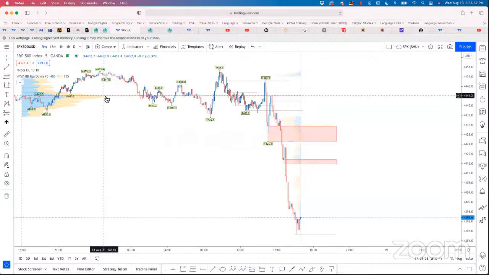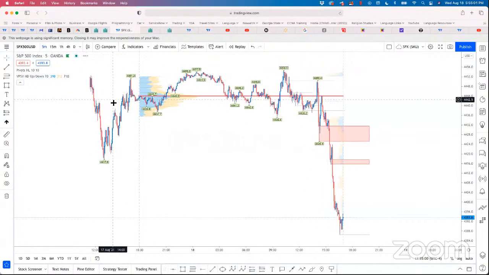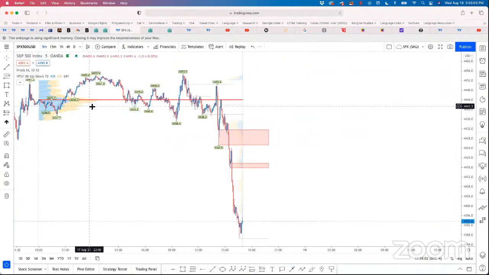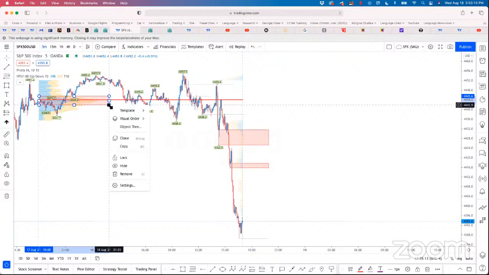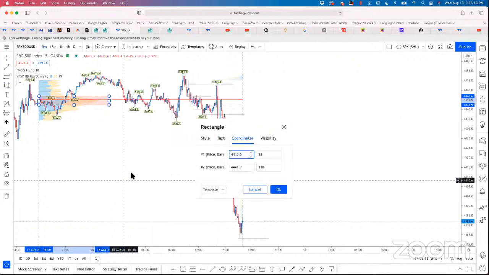What you're going to notice about the point of control is that it's where the majority of the volume is traded. If you look at this area right here, you'll see this spike.